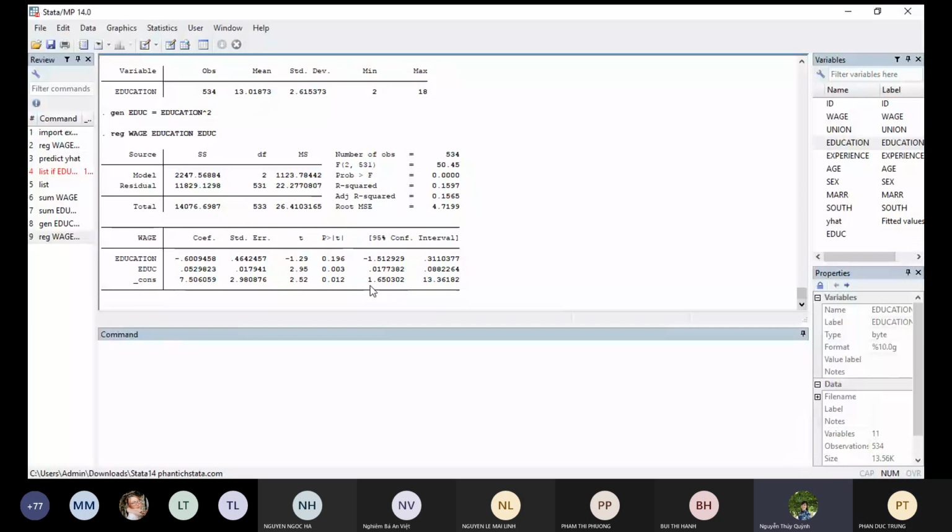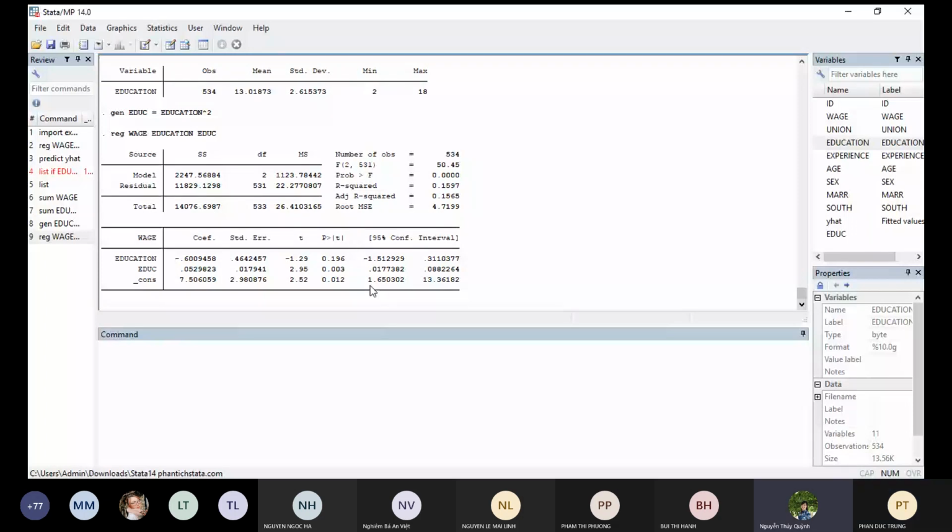So what will be your population regression model? My population regression model would be wage equals beta 0 plus beta 1 education plus beta 2 edu plus u i. Yes.